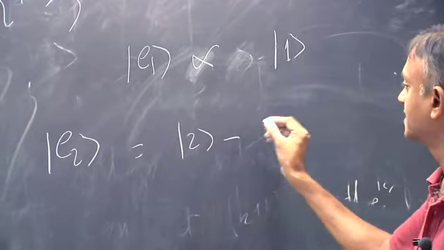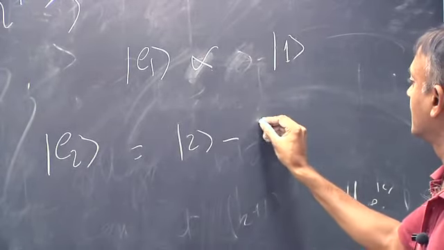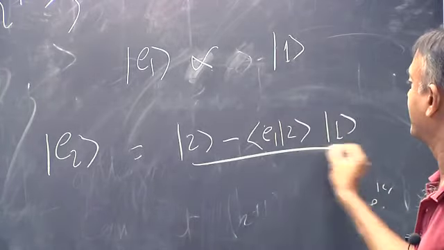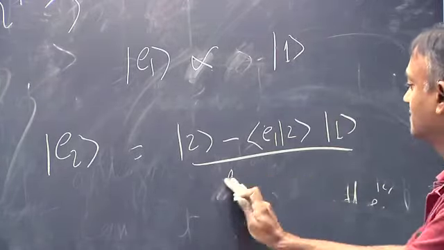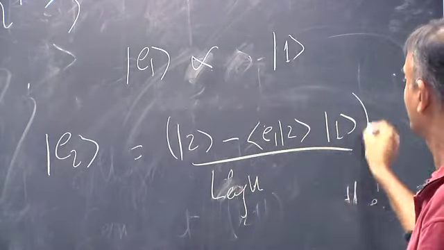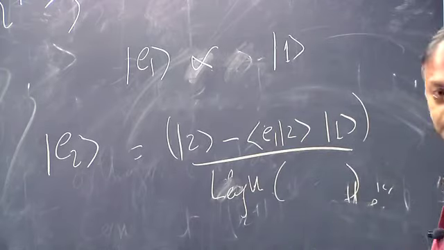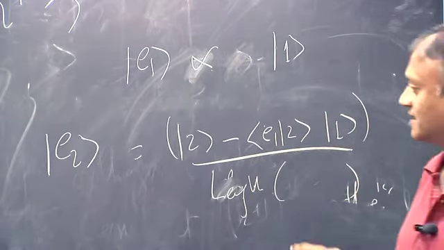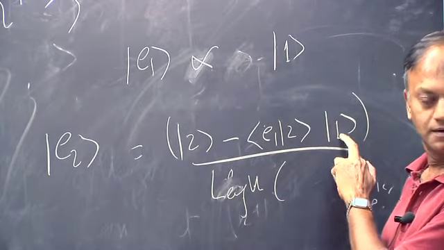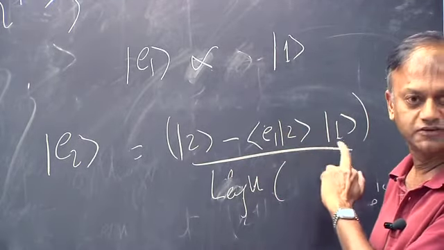This was simply 2 minus E1, 2 with 1, divided again by the length of this vector. But notice, the only two vectors entering here are 2 and 1. It is a linear combination of the second and first vector.